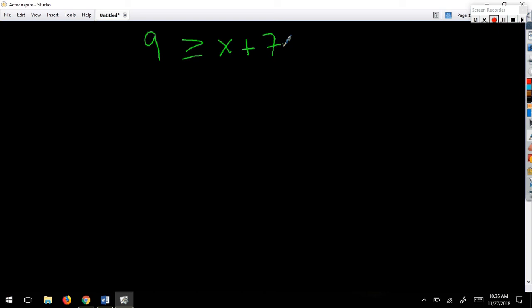All right, we subtract it. X is less than 2. We're going to subtract because the opposite of addition is subtraction. I've got to get x by itself. Whatever's hooked to x is what you move.